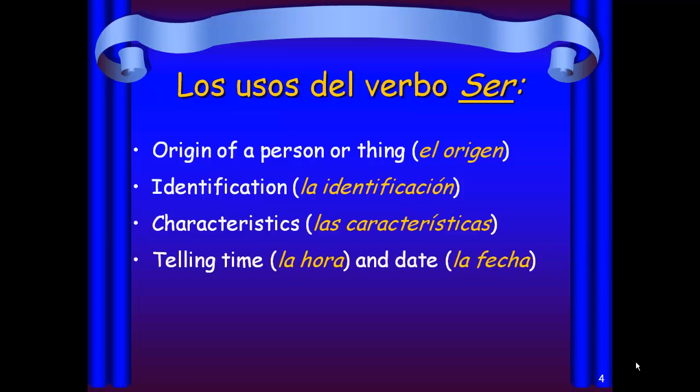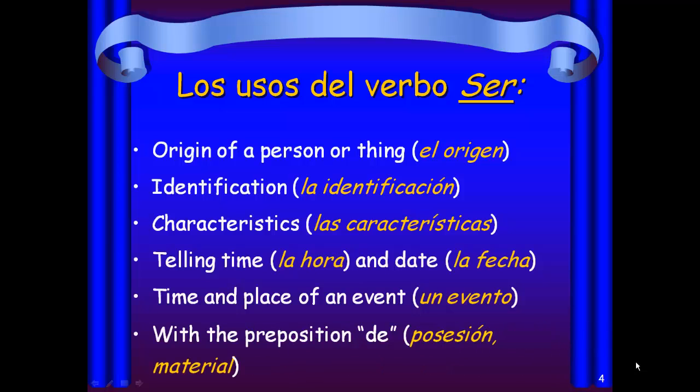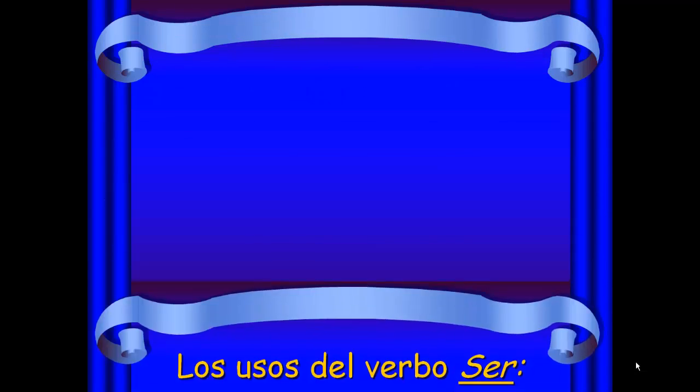Then there are some special uses, like to tell the time or to give the date, to describe when an event will occur or where it will occur. And then finally, when talking about who owns something or what something is made out of. You don't need to write those down. We're going to go into depth with each one.